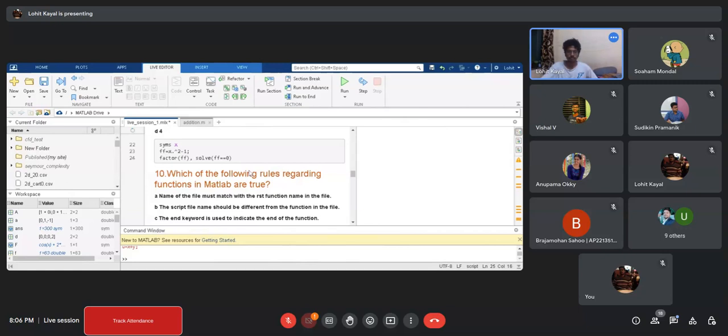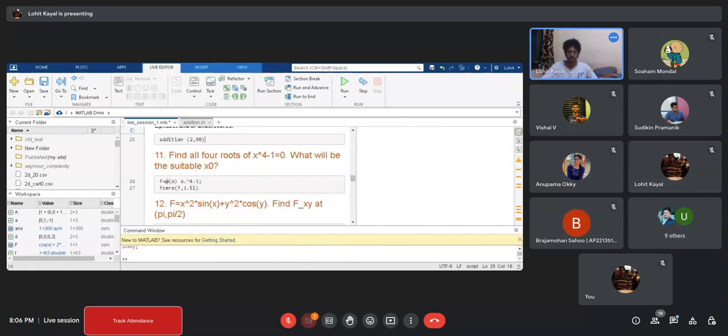Then again my run section, where did it go? My computer is a bit slow, so it is taking some time. If your computer is powerful, then it will do it in some milliseconds.